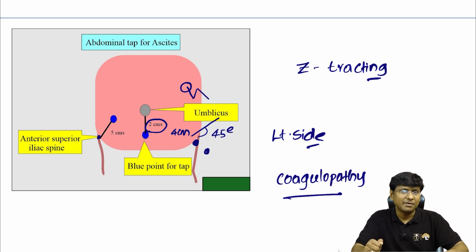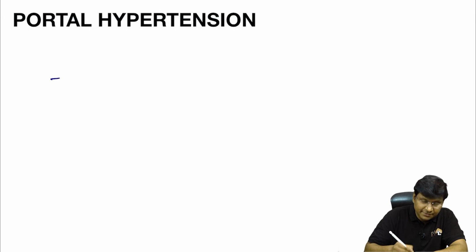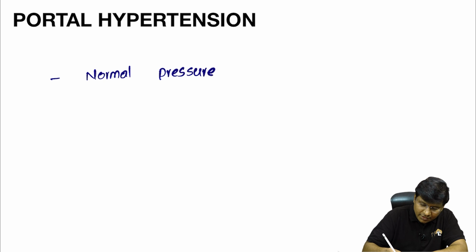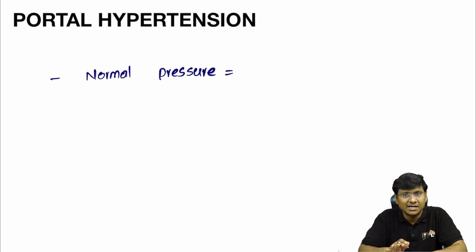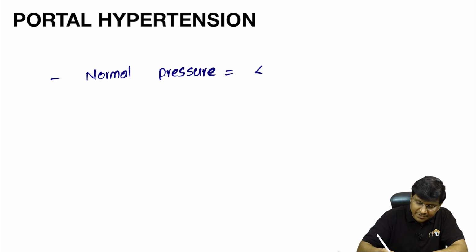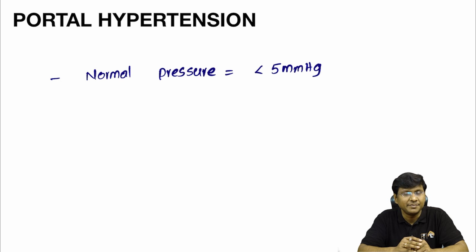The next topic, which I'll do a quick revision of, is portal hypertension. If you observe the normal pressure within the portal vein, it is less than 5 millimeters of mercury. What exactly is the definition of portal hypertension?